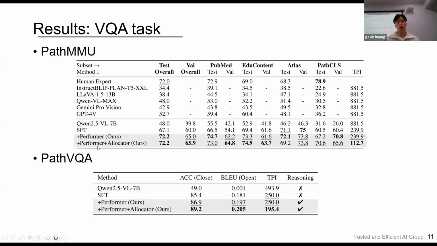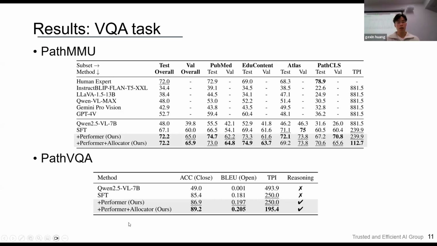And after that, they add on the token allocator, and they found that overall it can achieve the best overall performance as well as comparable performance on specific tasks, and especially it reached the lowest TPI score, which means it has the best computational efficiency.